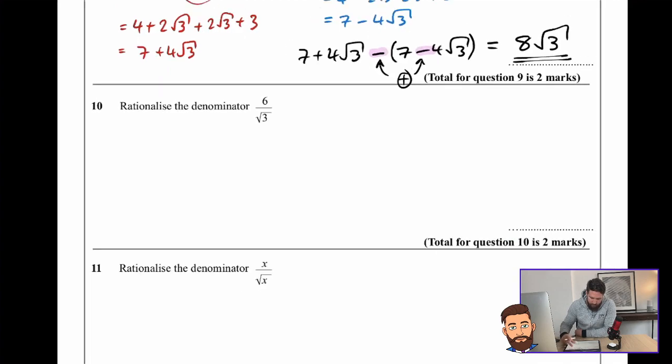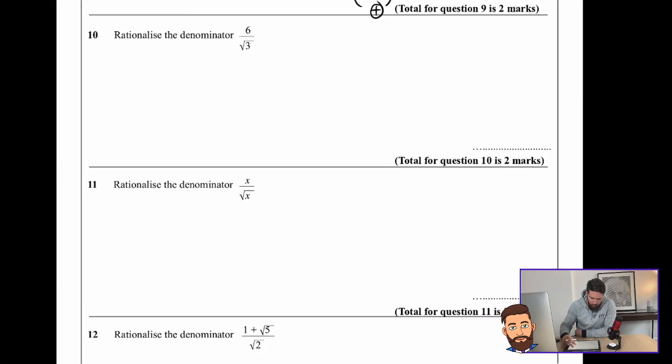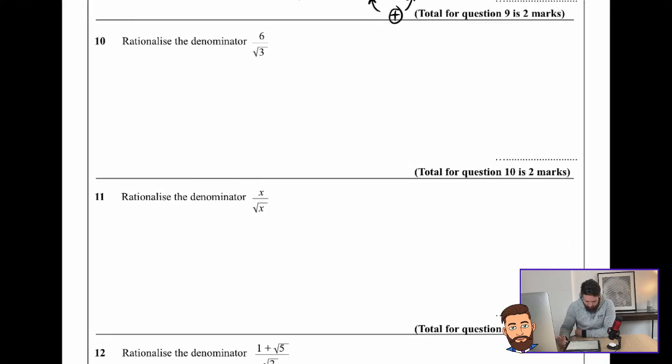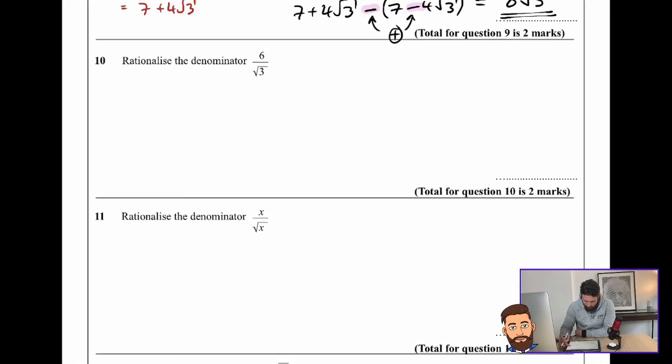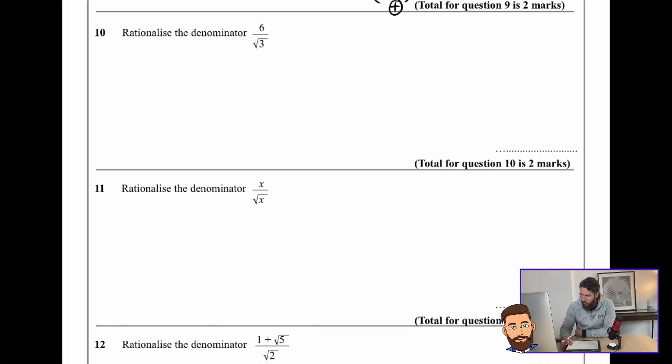Okay, so hopefully you can rationalize those denominators. And these first couple, very quick. Just using that rule that we spoke about.